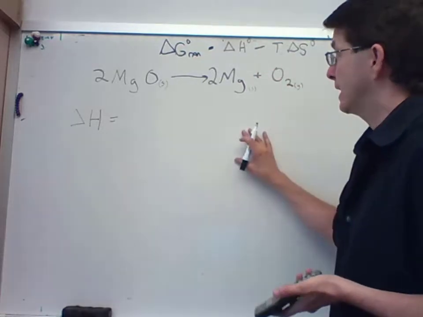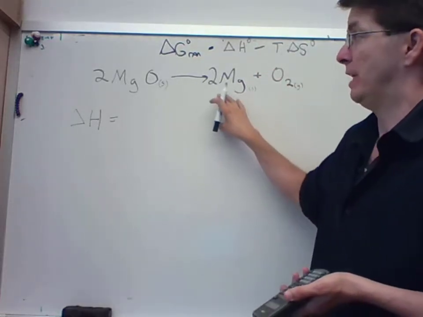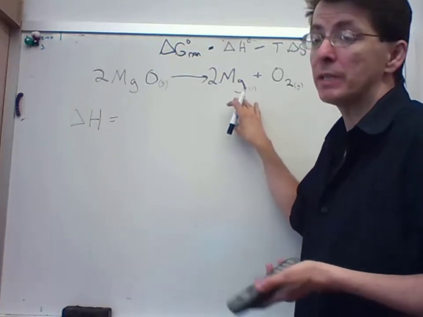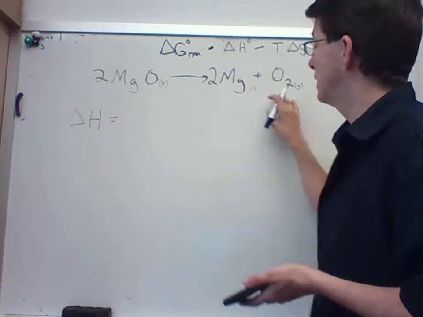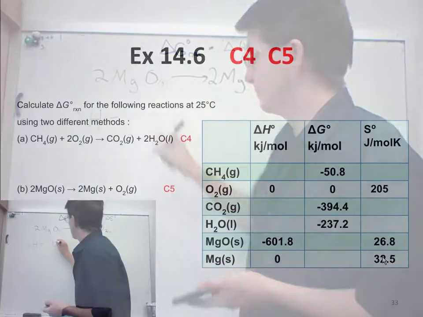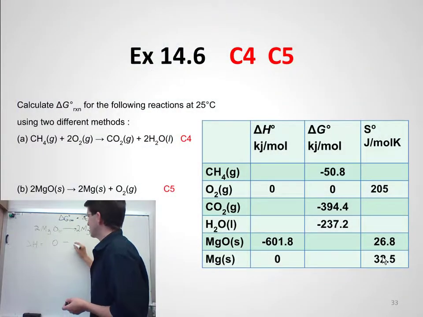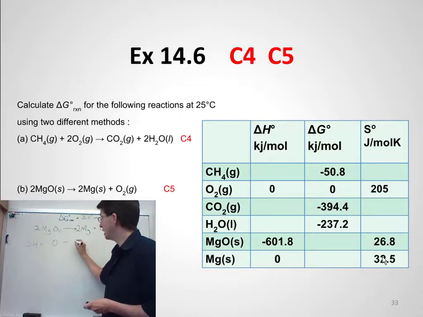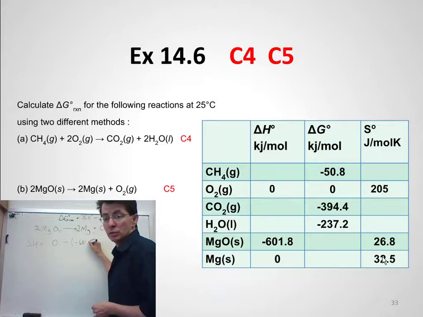So products minus reactants for the delta H's: we have the products, magnesium and oxygen, with an enthalpy of formation of 0 because they are in the standard state, minus the enthalpy of formation for the starting material, magnesium oxide, minus 601.8 kilojoules per mole, times 2 moles because there are 2 moles.